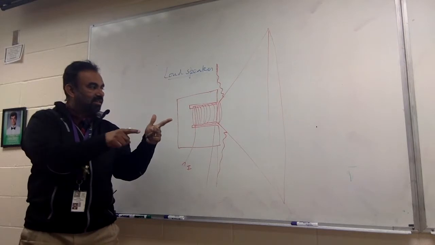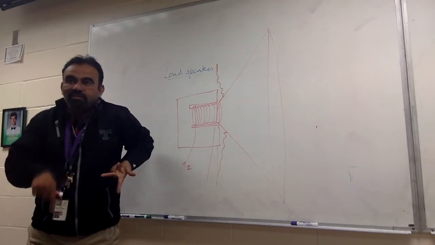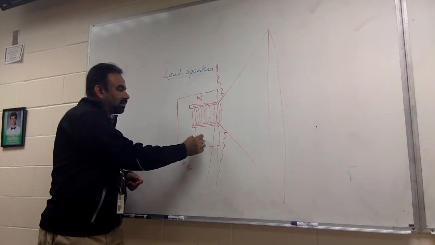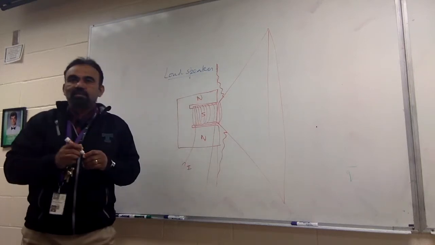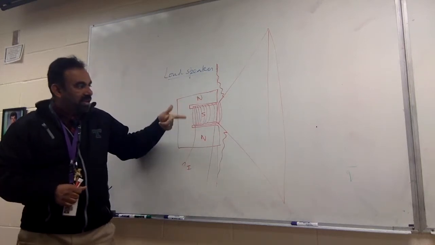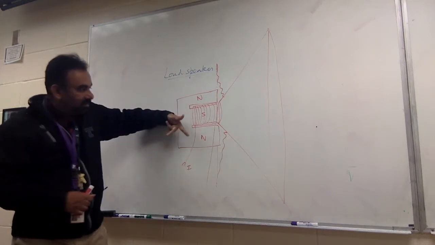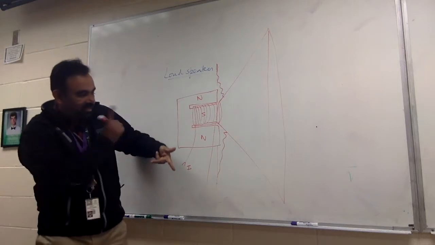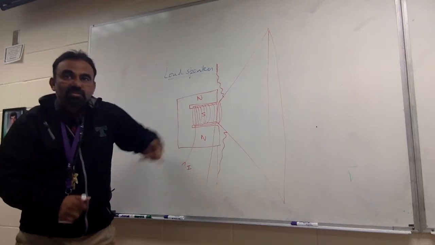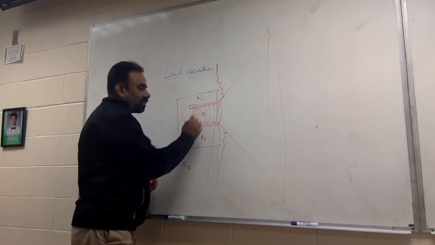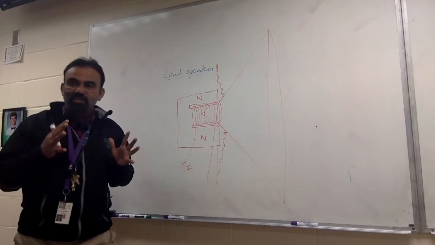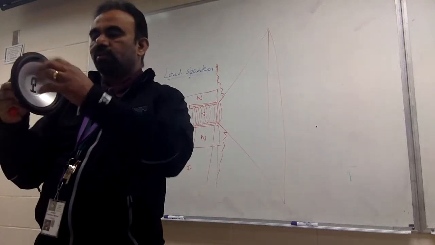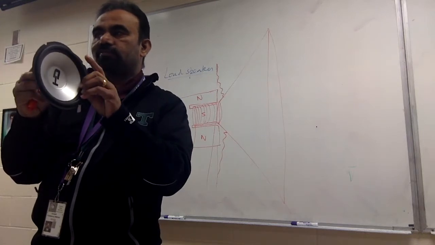The current going like this, and the field going down, like north, south, the force is in that direction. So all the coils will experience a push forward, and that will push the whole diaphragm forward.